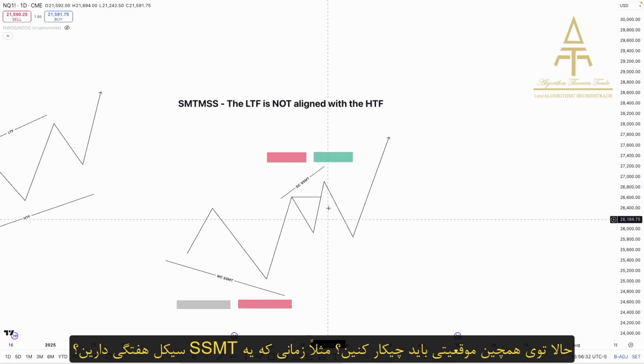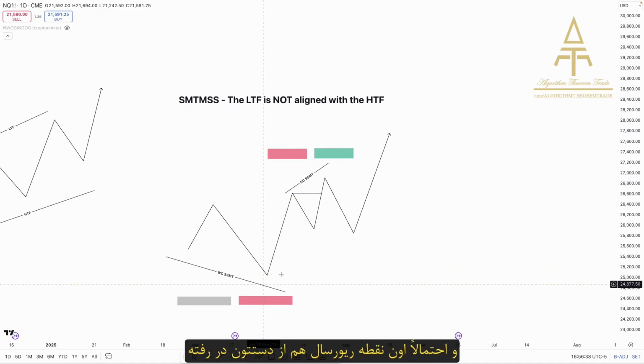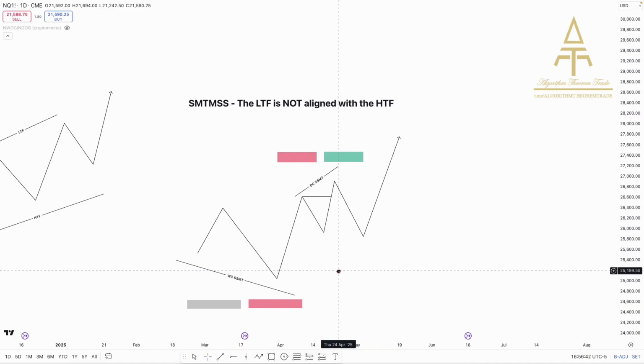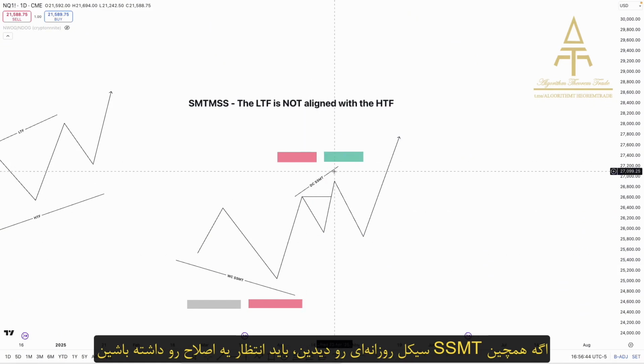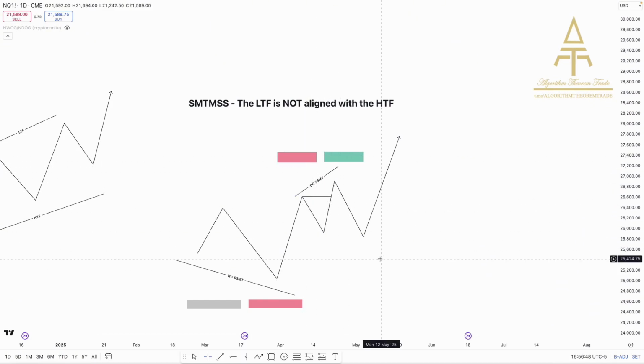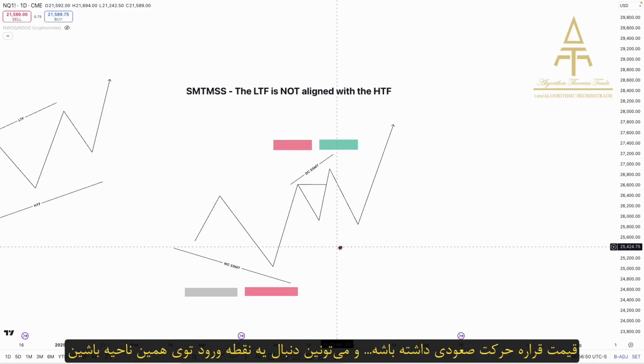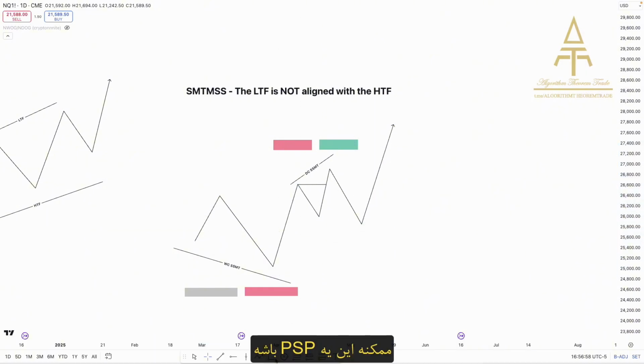Now what can you do when you're in this scenario where we have the weekly cycle sequential SMT and you've potentially missed this reversal point here? If you see this daily cycle sequential SMT, you can expect a retracement, knowing that price is going to move higher, and you can look for an entry here. This may be a PSP.